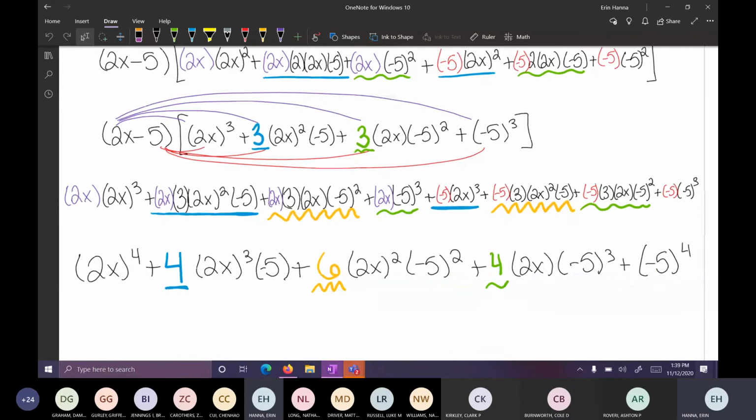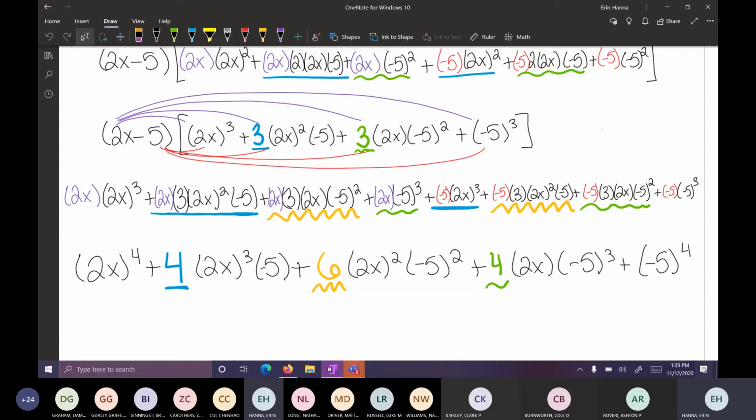And then you do it again because we still have this very last one we need to distribute. So that 2x needs to go to every single term in there, and so does the -5. So the first 4 terms are distributing the 2x, and these last 4 terms are distributing the -5.